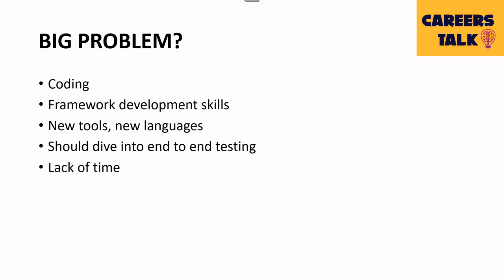One more big problem is why automation? Because of lack of time, friends. If all applications are small at the start, it's very easy to do manual testing, and very easy to do regression testing. But once the product keeps on growing, what happens? Regression testing, just 3 days.